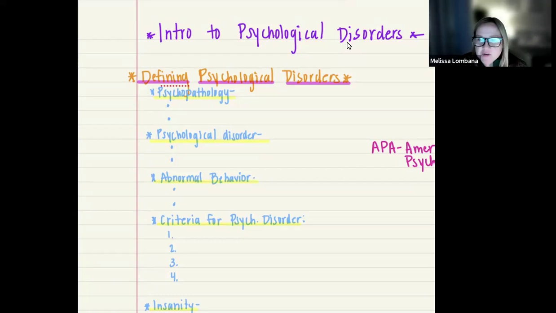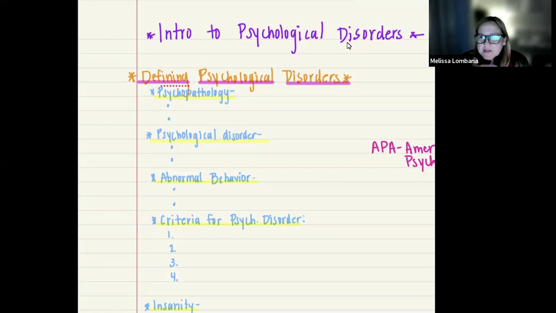All right, so we're going to start with the first keyword, which is psychopathology. And that basically just means it's a scientific study of mental disorders and the different types of maladaptive behaviors. And you'll see that a lot. So make sure to get that word maladaptive behaviors, as well as how it's associated with various disorders.